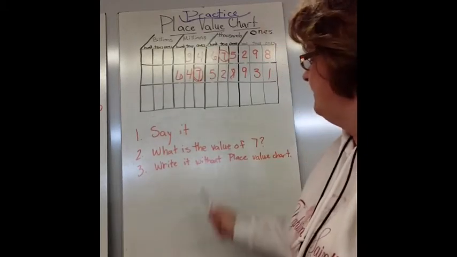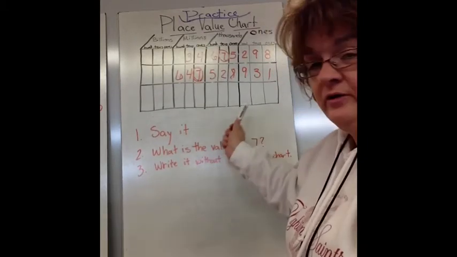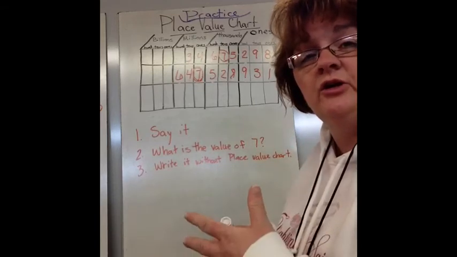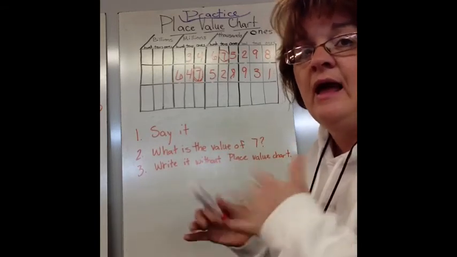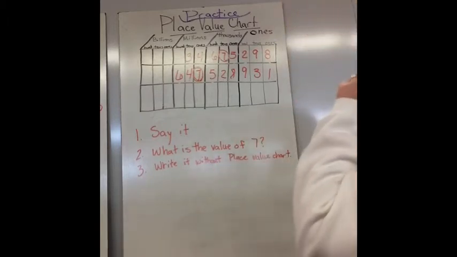Okay. All right. Now I'm going to write a third number, and I want you to go ahead and do this one on your own. I want you to say it on your own. I want you to tell me what the 7 is worth, and then we'll look at it together.